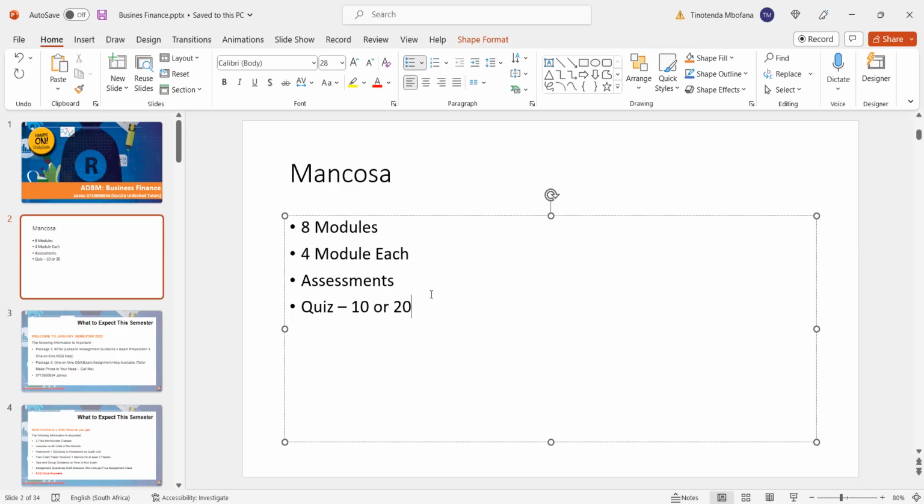Then the second assessment will be a case study or what we call a short essay, which is basically a 30-mark question where you're presented with a case study and expected to answer some questions.